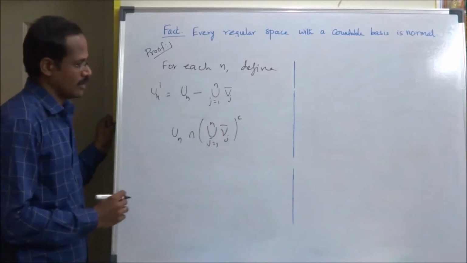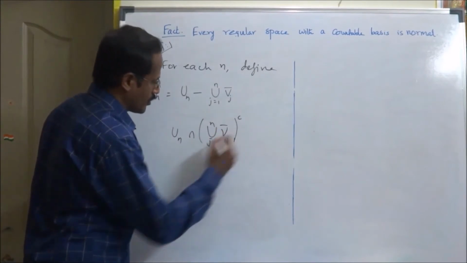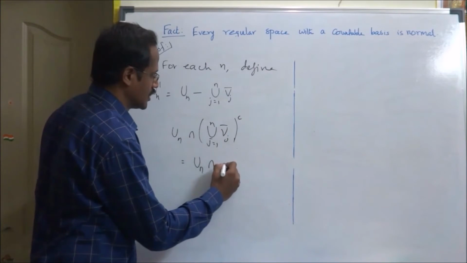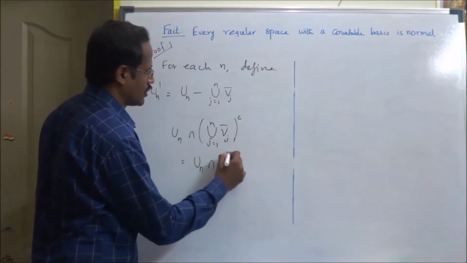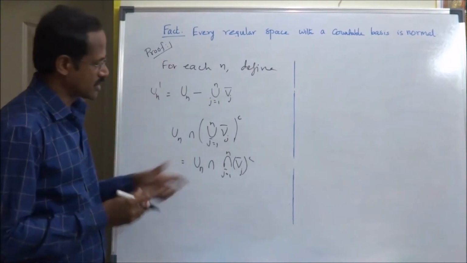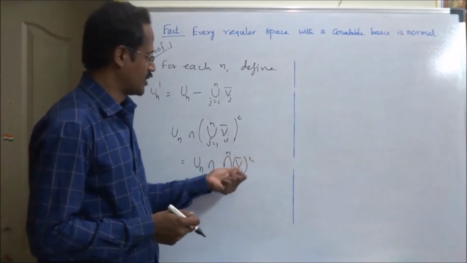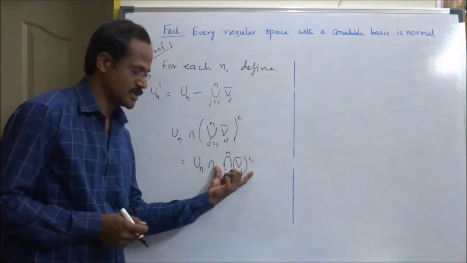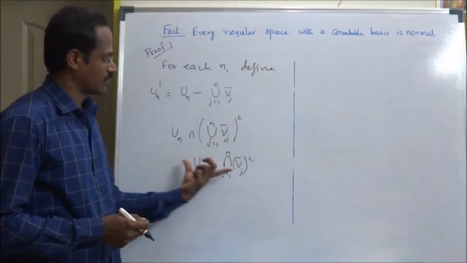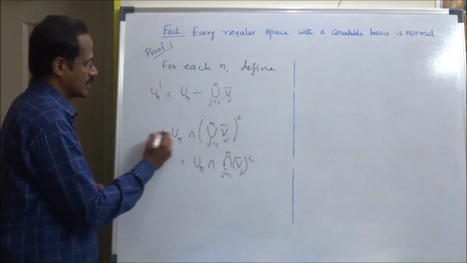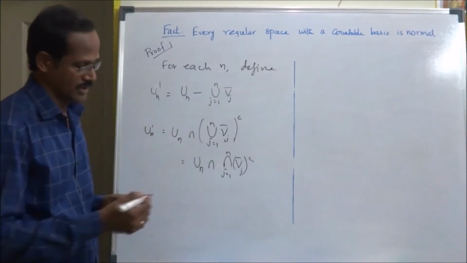Using properties of set theory, this is again the intersection over j equal to 1 to n of the complement of Vj closure. As we know, the closure of any set is closed and therefore its complement is open. A finite intersection of open sets is open, and this intersected with another open set is open. Therefore, for each n, Un dash is an open set.